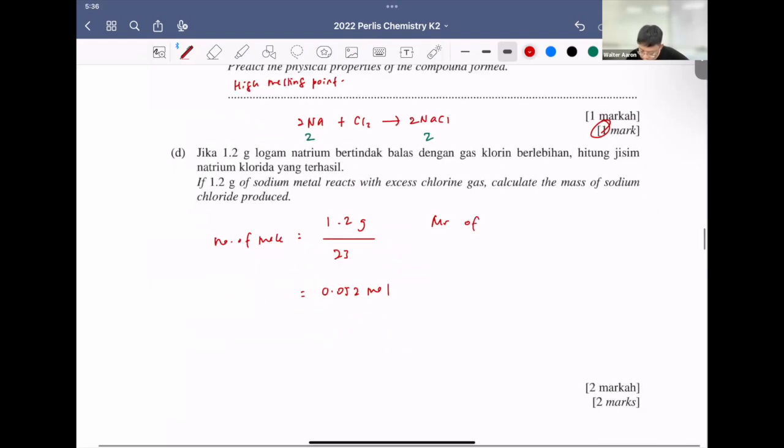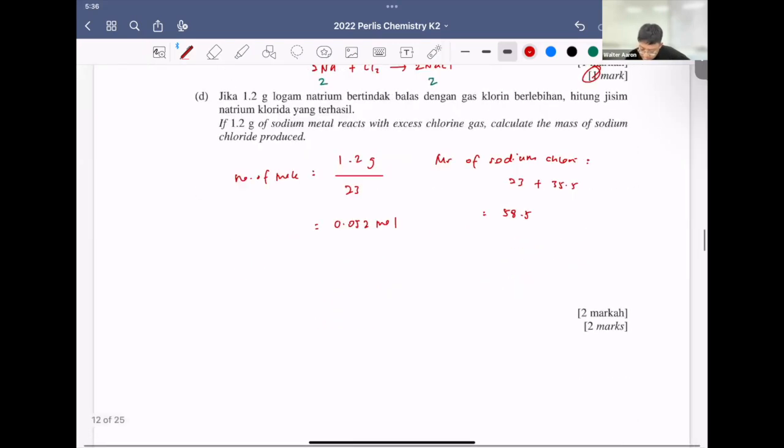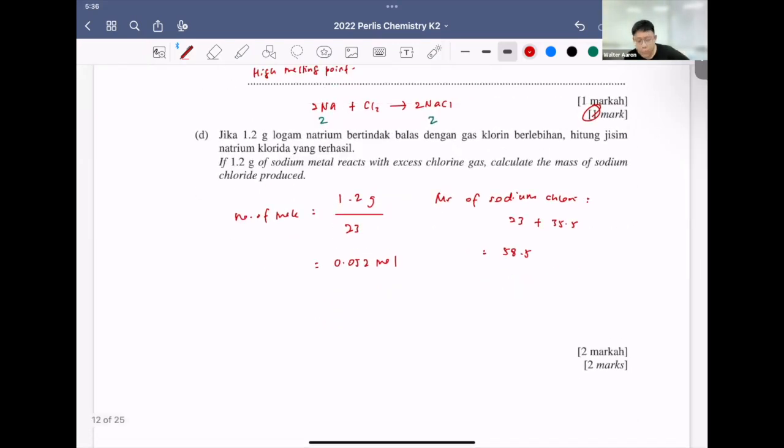So the Mr of sodium chloride will be 23 plus 35.5, so that will be around 58.5. That's the sodium chloride Mr. And then we compare in terms of ratio: the amount of sodium corresponds to the amount of sodium chloride. So it's a 1-to-1 ratio.